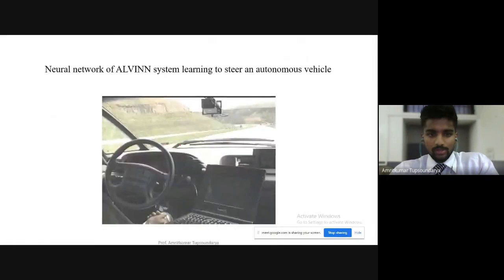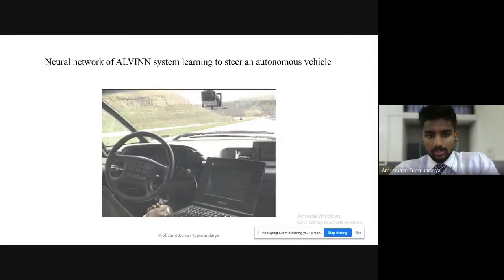We saw an example of how this system takes the input from the front-mounted camera here, and the system placed here is responsible for giving the direction in which the car has to turn, unless the human has to intervene.